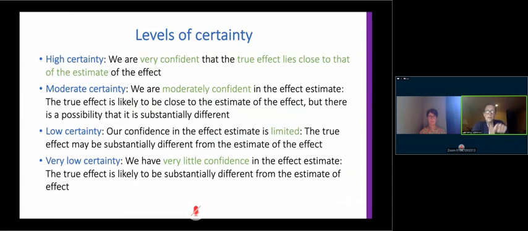Whereas as we go down to very low certainty or very low confidence, the true effect is probably very different from that 0.84 because we have very low confidence in that effect. And whether it's due to risk of bias in the studies or imprecision, not a lot of people in the studies, and any of those other factors of GRADE, that's why we would say that. Hope that sort of made it clear.